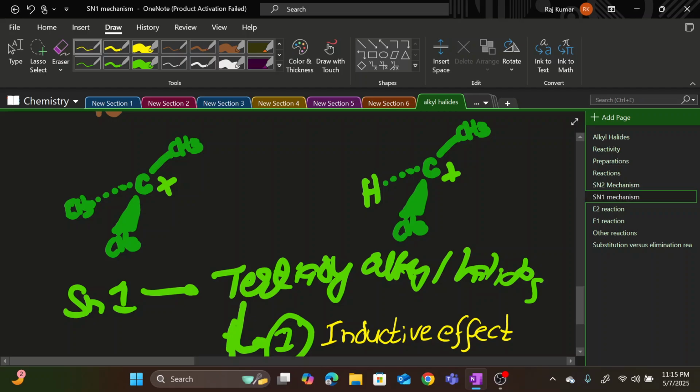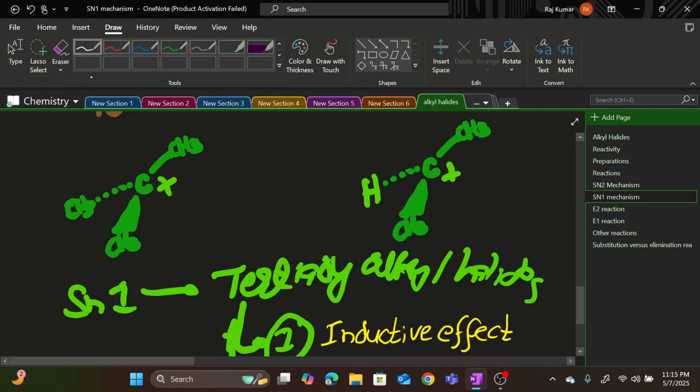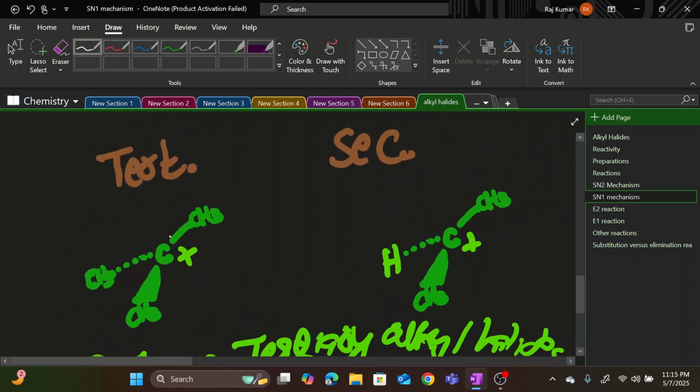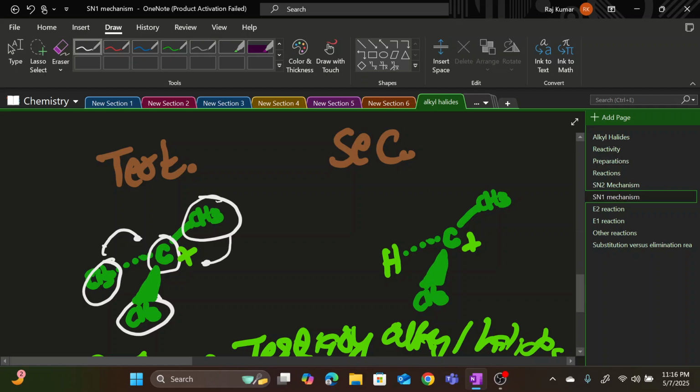If you look over here, you will find that this carbon which is present in the center has three groups attached to it: CH3, CH3, CH3. So, are we going to have an impact of these groups on the central carbon? The answer is yes.